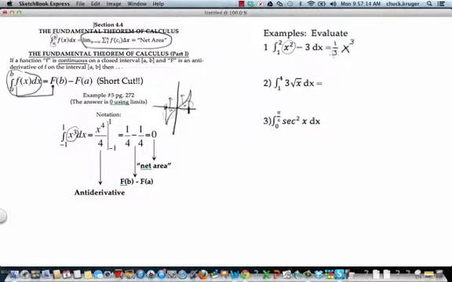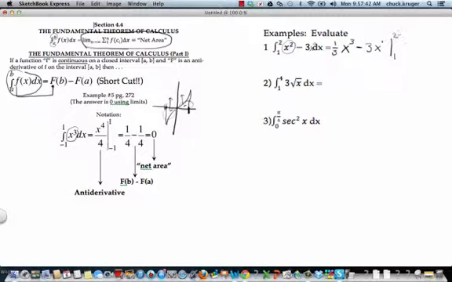And then when I have fractional coefficients, it's easier to compute what my coefficient is up front. Again, I look at this as x to the 0. So when I add 1 to this, I'm going to get x to the first. And I'm going to multiply by the reciprocal of 1, which is 1, so that's not going to change this coefficient. And I'm going to evaluate it from 1 to 2 here.